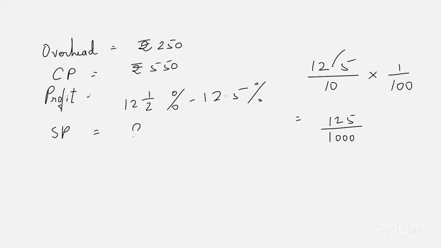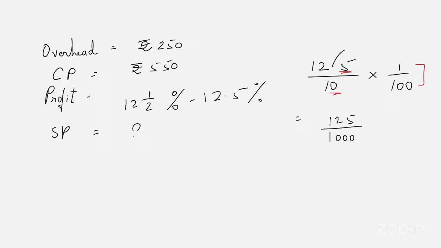Excuse me, ma'am. Yes. How does 1000 come? How does 10 become 1000, ma'am? Okay. 12.5 upon 10. I told you that when we remove the point, we put 1, and after the point we have one number, so 10. Okay, and into 1 by 100.